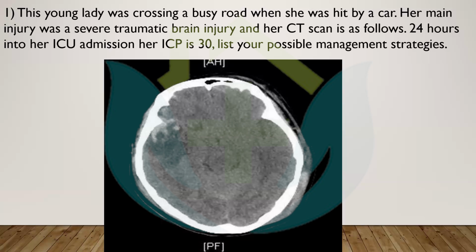Be very specific. They have asked her ICP has raised to 30. What is your possible management strategy? ICP 30, we have to urgently call the neurosurgical consultation and give brain dehydrating measures like mannitol and hypertonic saline. You should be very specific. But mainly the neurosurgeon. Don't go on describing. Okay.